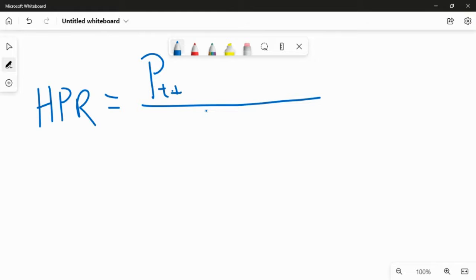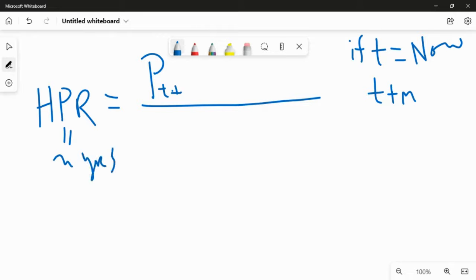If time t is now, present, right now, time t plus n is n years later. There's no way you can tell what time t plus n is, right? Because n years later, how do you know what the price will be?